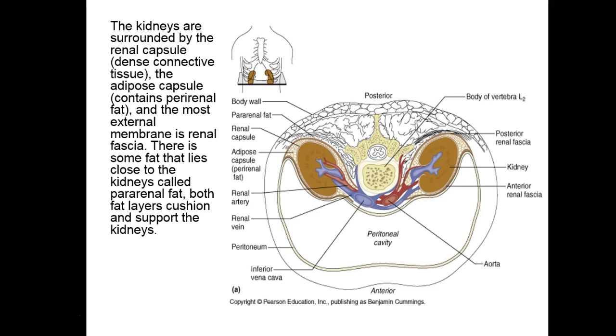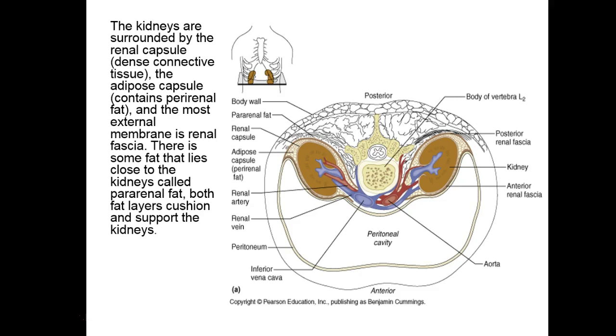The membrane that surrounds the kidney is called the renal capsule or renal fascia, and you have it written here. The kidneys are highly vascularized, and they do have structure, but they're almost like a little bit more solid jello than you might think.